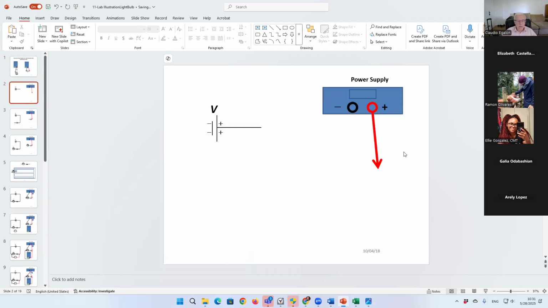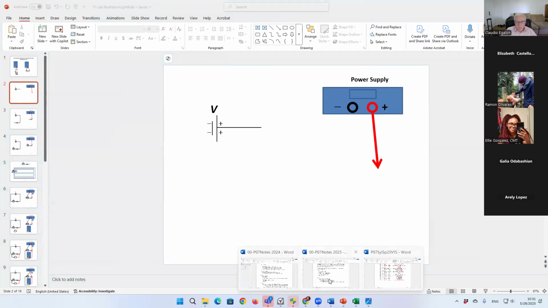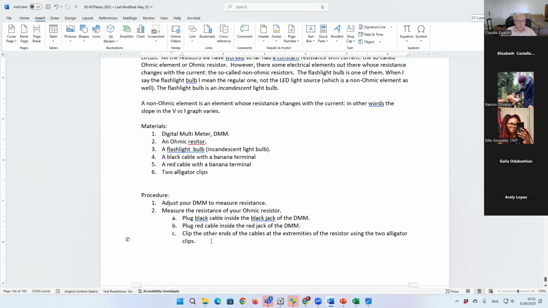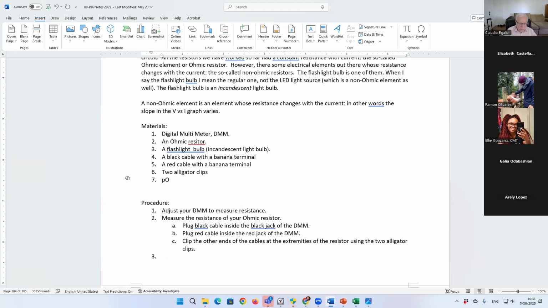That's what we're doing, okay? And then we start with the circuit, put together the circuit. After measuring the resistance, we start with the circuit. We start with the power supply. Going back here. Put the power supply here.